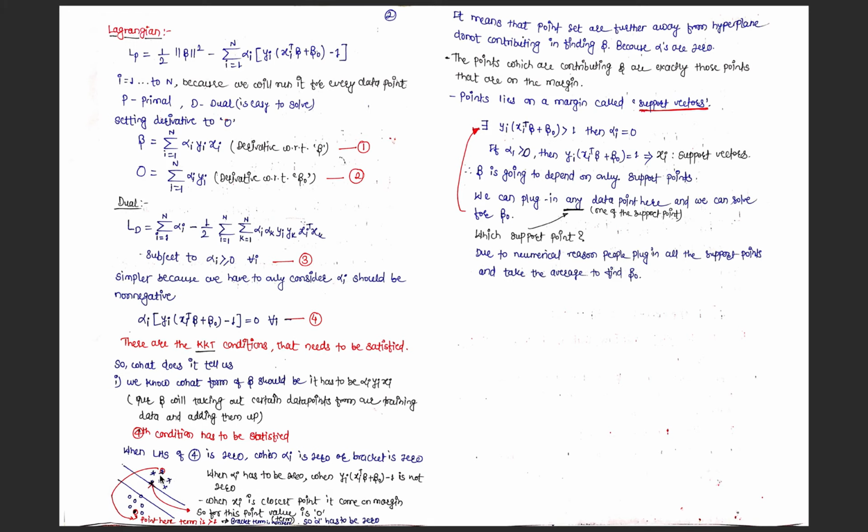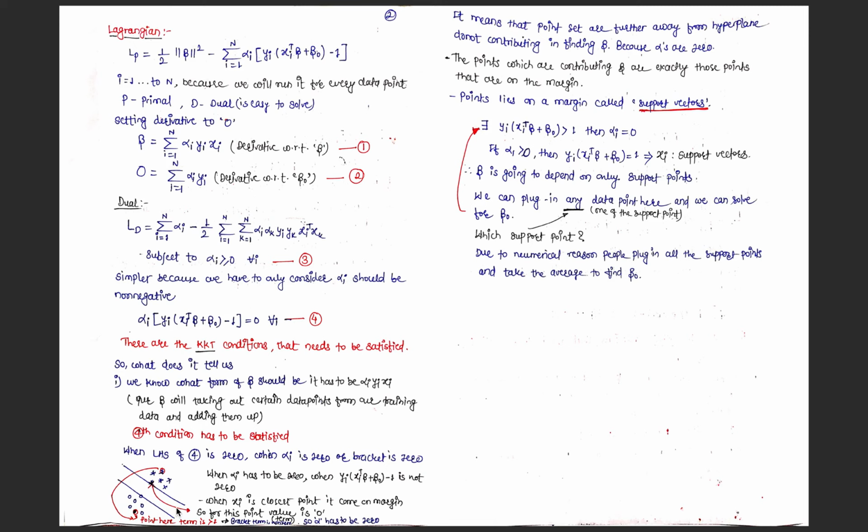Basically, we want the alpha value to be 0 for points that are not contributing in finding the hyperplane. Suppose this point is there.